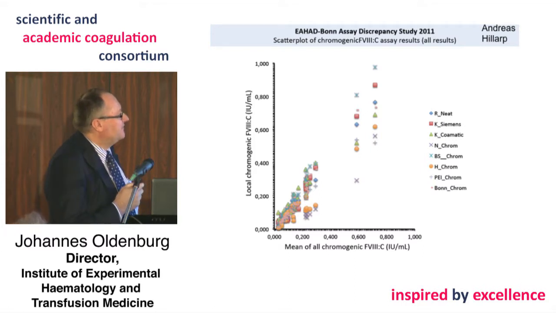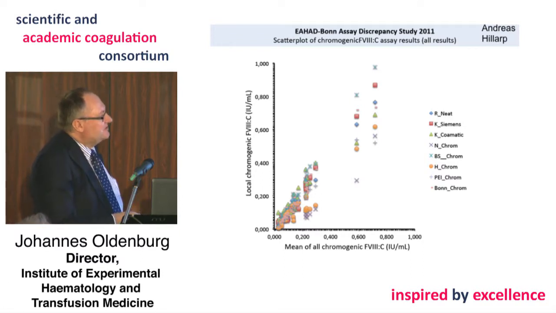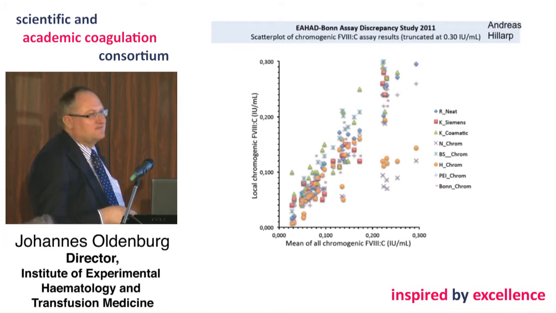And here I have a few slides. Andreas Hillarp made this evaluation. Each symbol is representing a different laboratory, and these are the results summarized for all one-stage assays. And this is the result of the local laboratory compared to the mean of all one-stage assays.